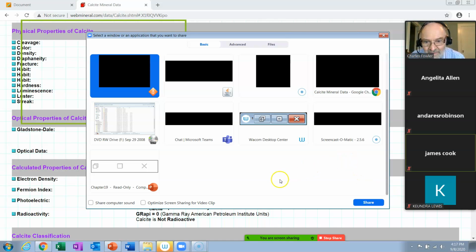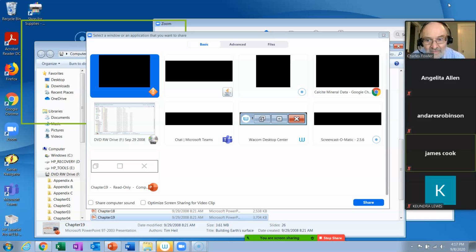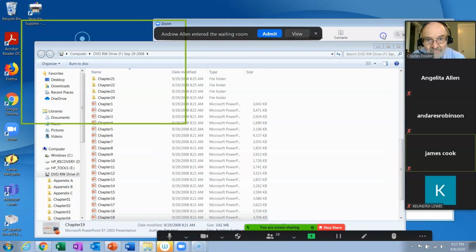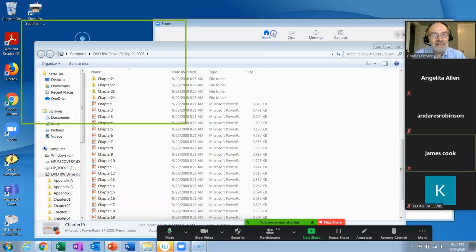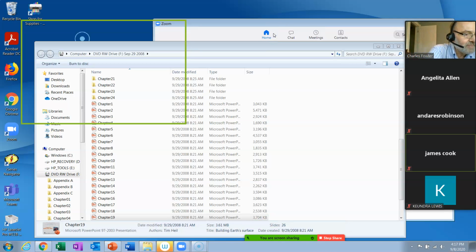I'm going to have to minimize this, lose it for a moment, and get mine back up. Oh, here comes Drew back in. He said he was leaving and coming back.